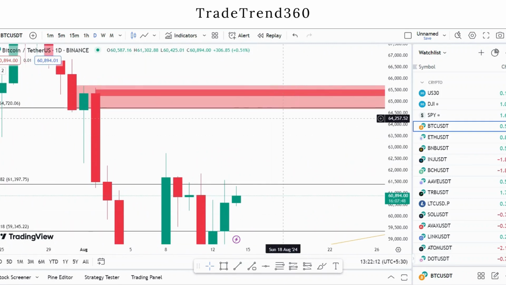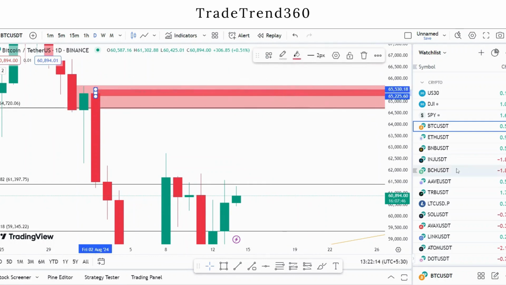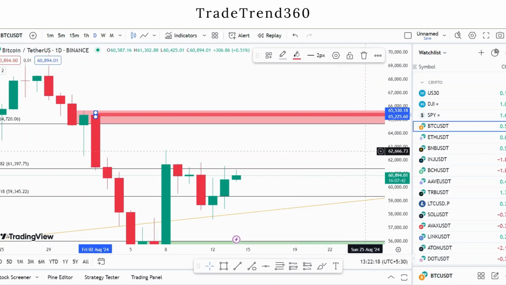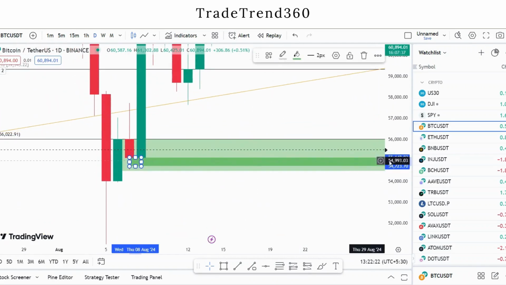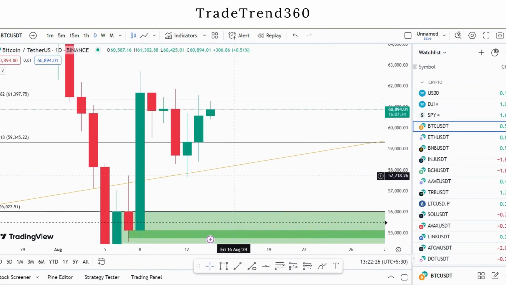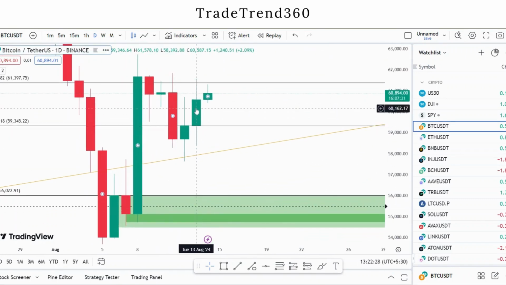All right. For the supply zone, the price level is 65,225, and for the demand zone, the price level is 55,148.